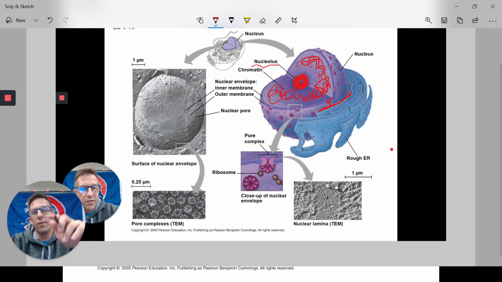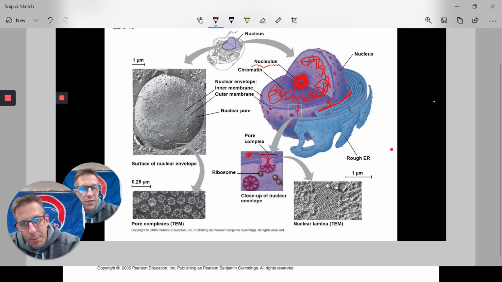But we also want to be able to take the information that is in the nucleus, inside the DNA, and transport it out of these pores. So in here would be where the nucleus is, and we can transfer that information out through the pores. What actually happens here, and we'll touch on this more in chapters 16 and 17, is that inside the nucleus we make disposable copies of our DNA called mRNA, messenger RNA.